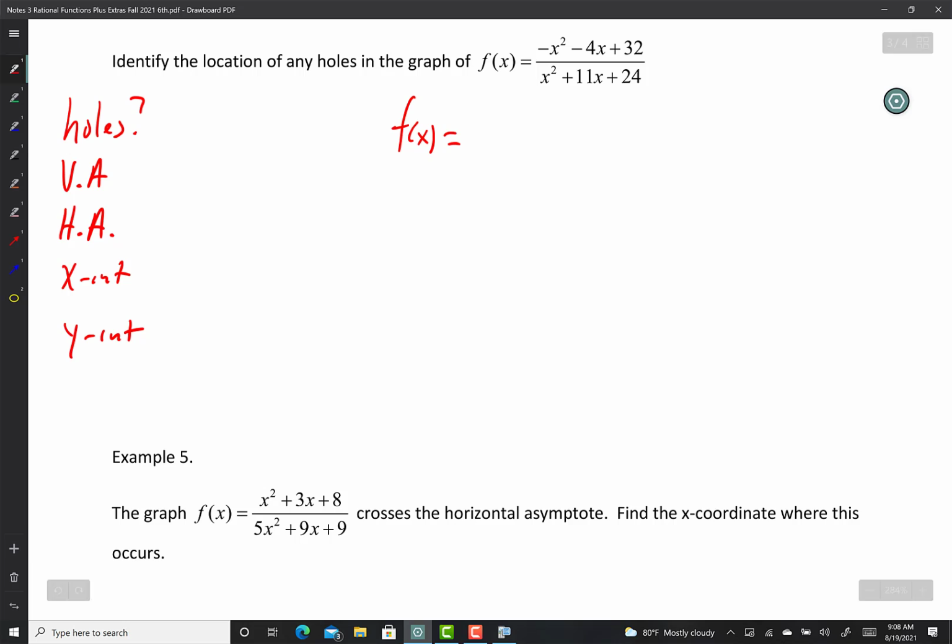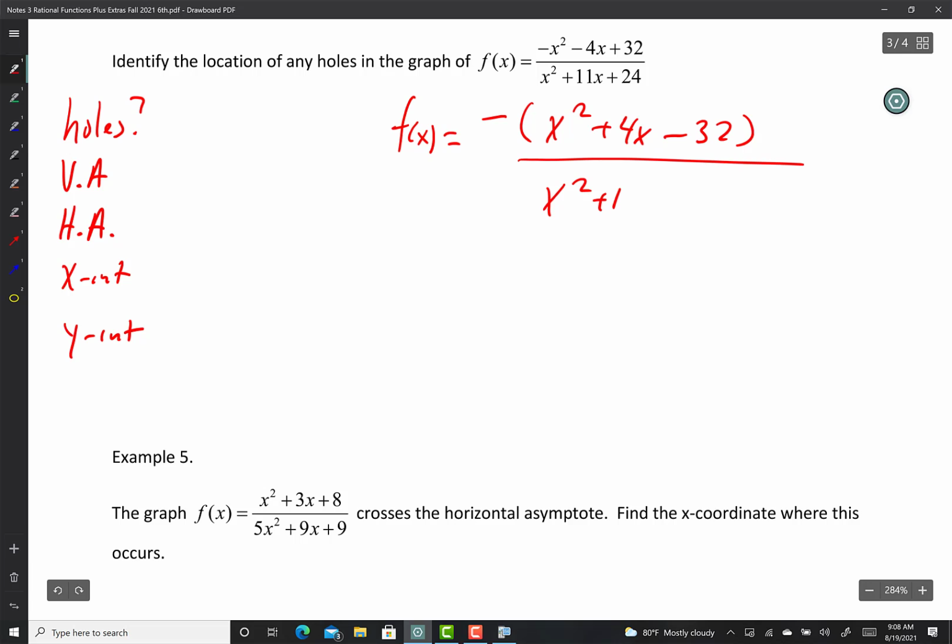Before you do anything on this one, guys, I would make life simpler. You don't want to deal with a negative x squared minus 4x plus 32. Factor out a negative. Now that you factored out the negative, it becomes much simpler, guys.